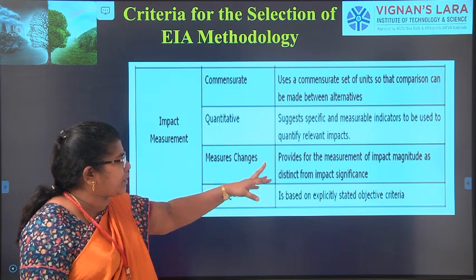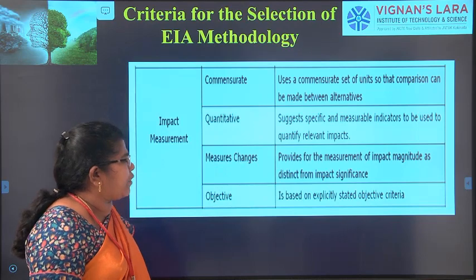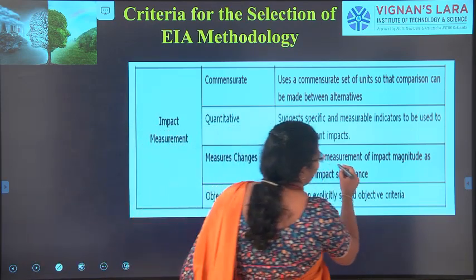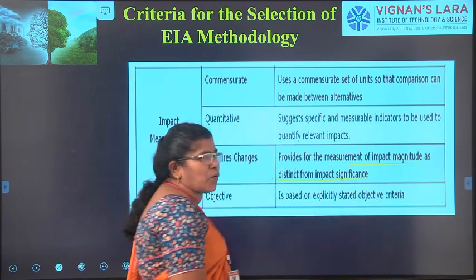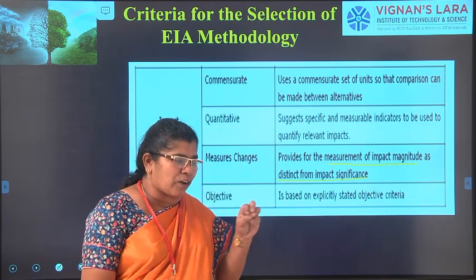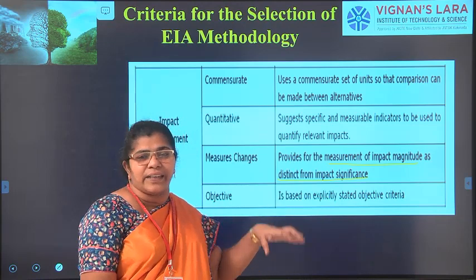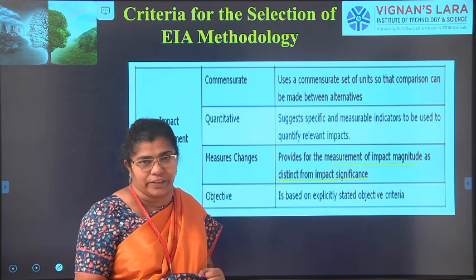Measures changes. Measurement of impact magnitude is distinct from impact significance. So what is the impact? Significance means how importantly this is affected due to the impact. Magnitude means how much it is affected.